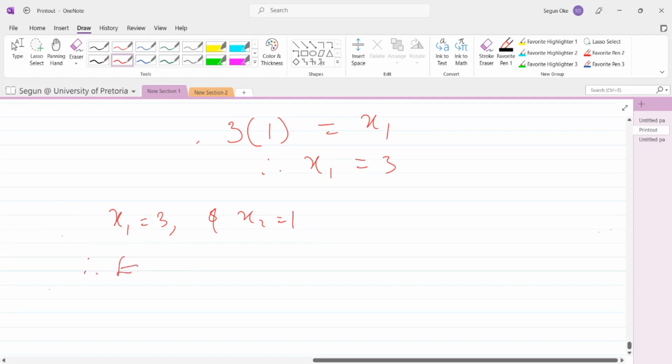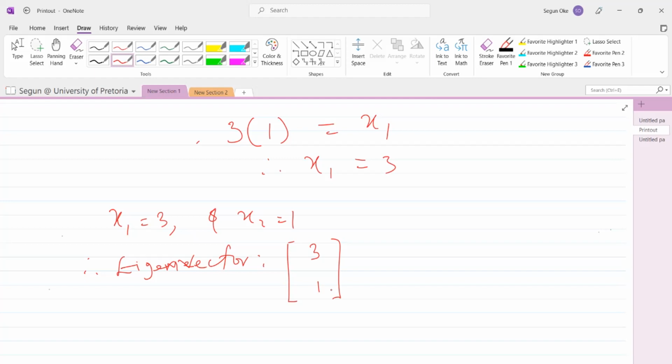Therefore, our eigenvector will be (3, 1). You have to put it in a matrix. So remember, we are working on matrices. So that is the first one.